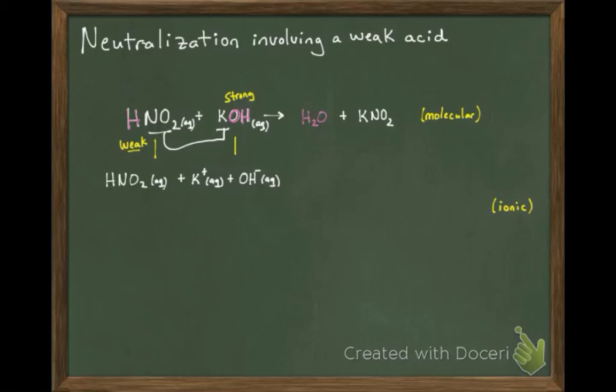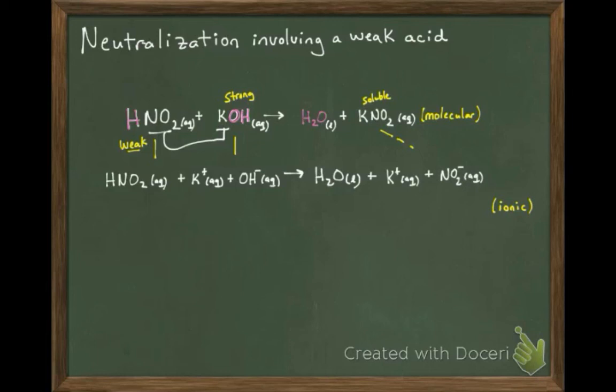And now on the right-hand side, water, liquid, does not ionize, and so we're going to keep that intact, plus the salt KNO2. This is very soluble. Potassium salts are all soluble, and so we can show that as separated ions, K+ aqueous plus NO2-.